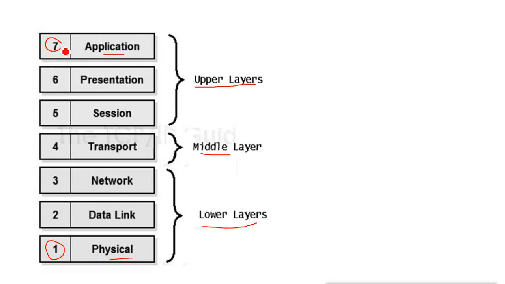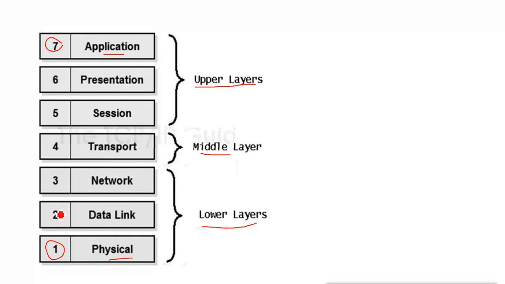Now why am I writing the layers like this? Why am I not writing from the first layer to the 7th layer from the beginning, from physical layer, then data link, network, transport, session, presentation and application? Why am I writing like this?